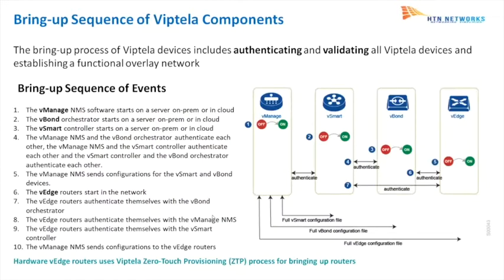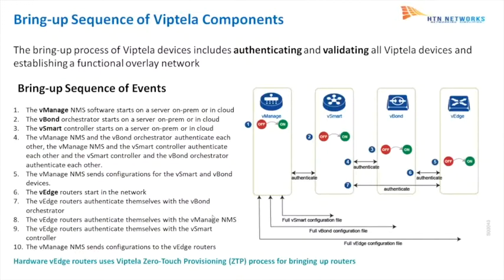And then the vManage and vBond orchestrator authenticate each other first. So the process is, first all three devices come up on the network, then vManage and vBond authenticate each other. After that, vManage and vSmart controller authenticate each other.